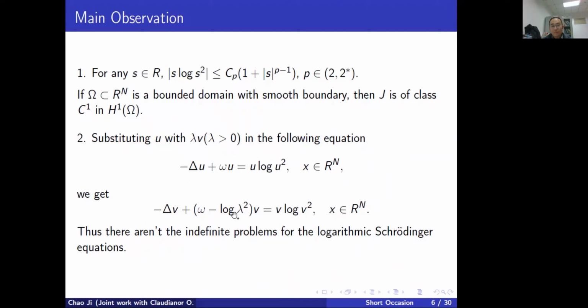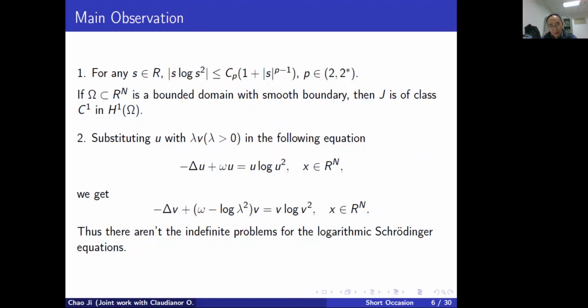If we choose lambda small enough, this number will be bigger, bigger than -1. So it is not an indefinite problem for the logarithmic Schrodinger equation.